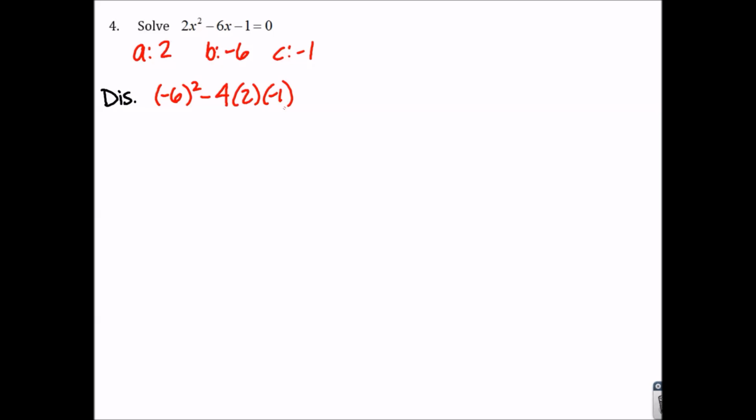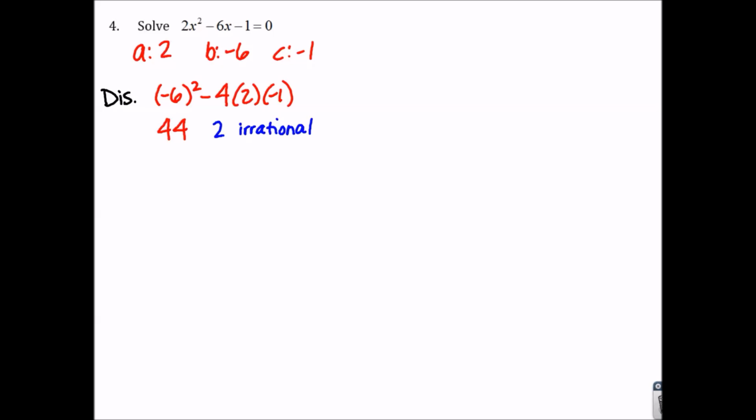And when you type this in the calculator, you end up with 44. So that means we are going to have two irrational solutions because 44 is not a perfect square.